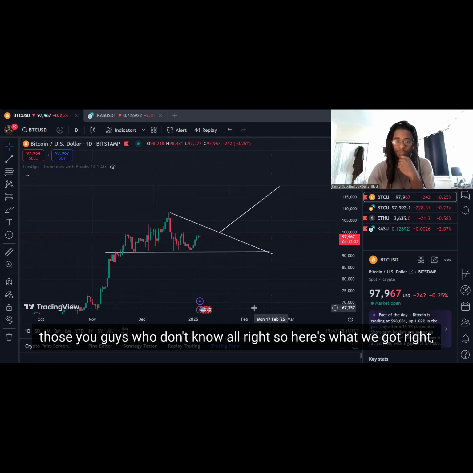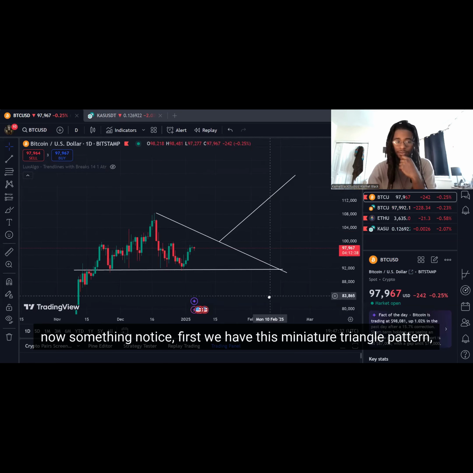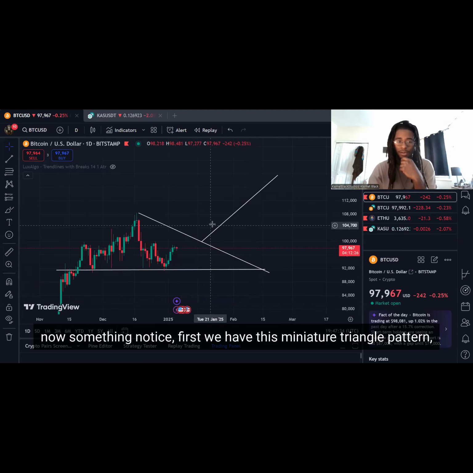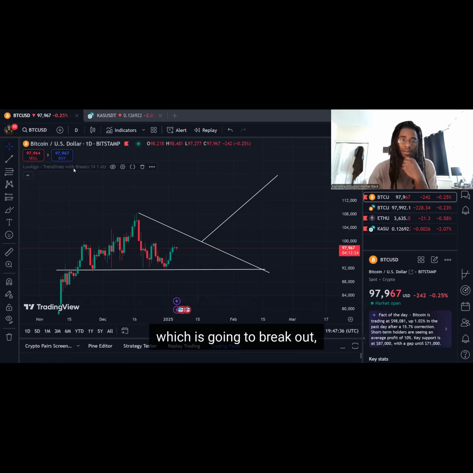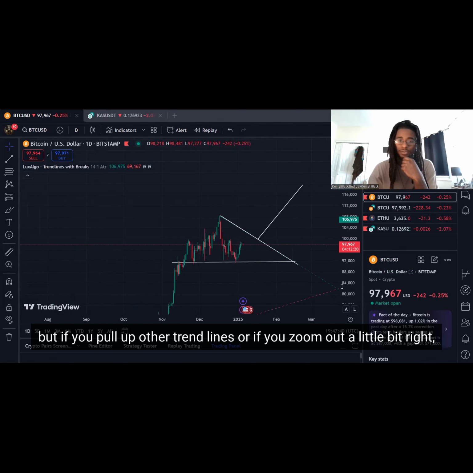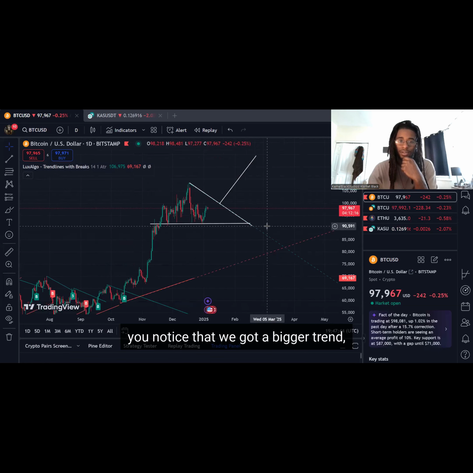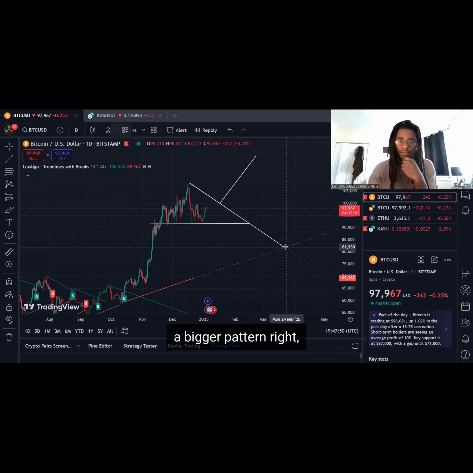So here's what we got. Something I noticed: first, we have this miniature triangle pattern, which is going to break out. But if you pull up other trend lines, or zoom out a little bit, you notice we have a bigger pattern.